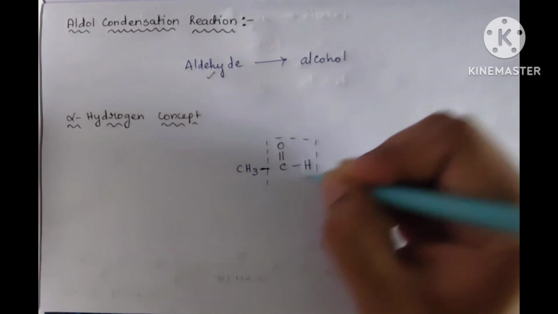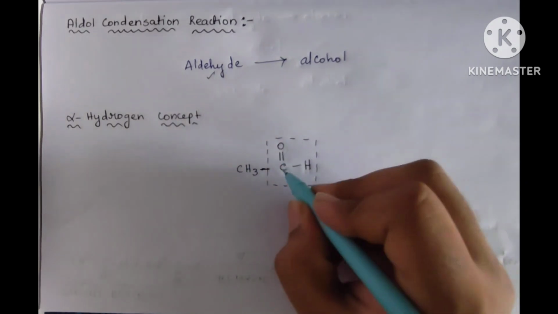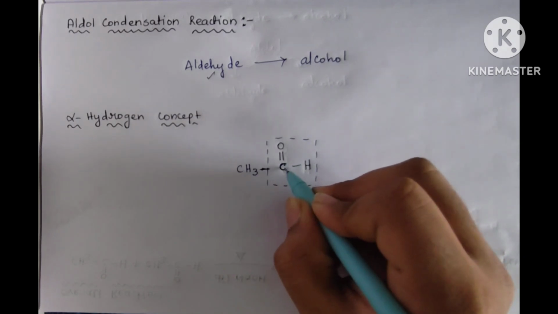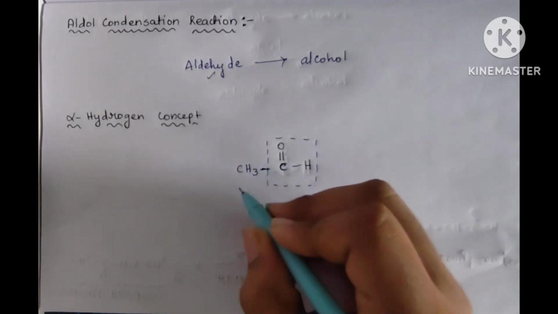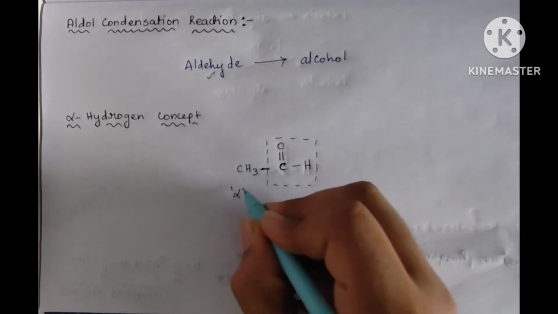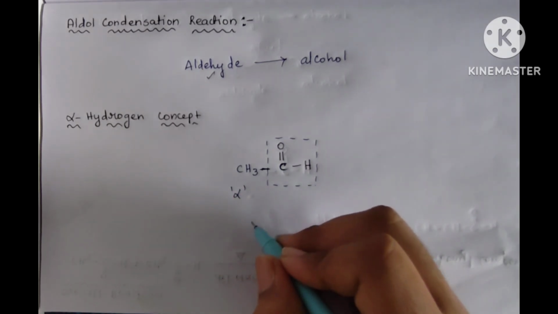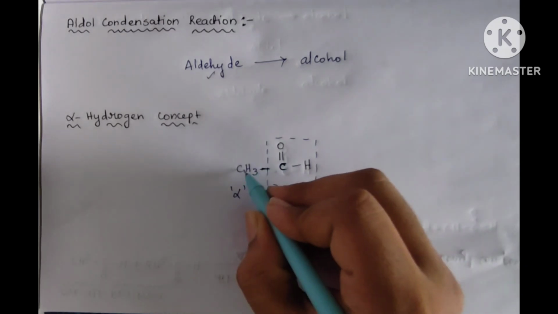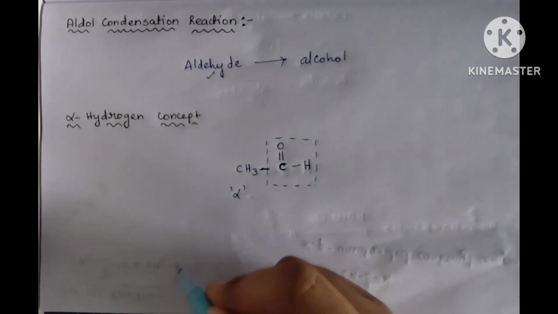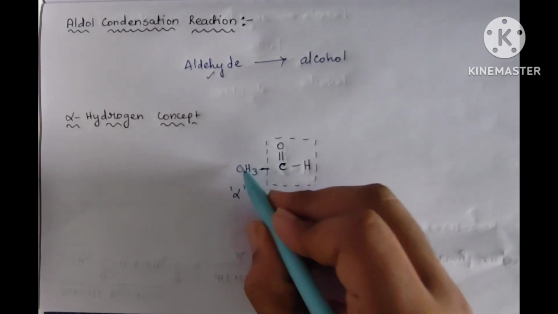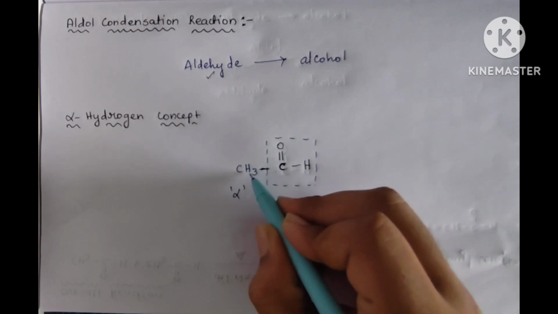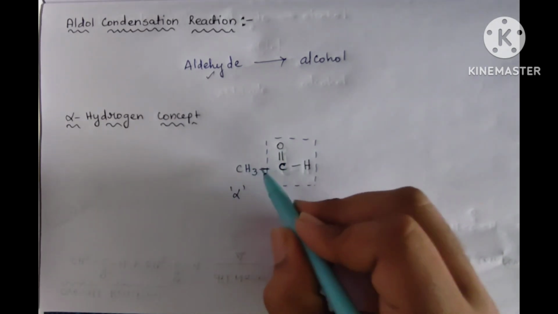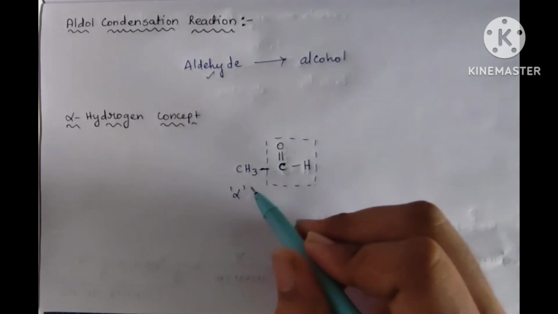The carbon connected to the aldehyde carbon is called the alpha carbon. Here this carbon contains three hydrogens, and those hydrogens are called alpha hydrogens.